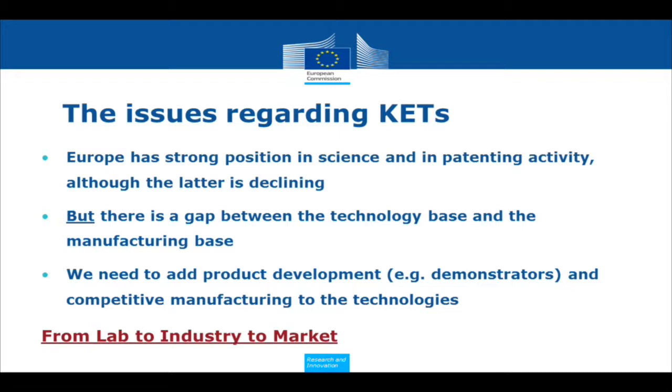We don't go all the way to the products, because that is not the role of a public funding program, but we look to the industrial partners for taking the results forward, for making further investments, and for integrating the technologies. Next slide, please.